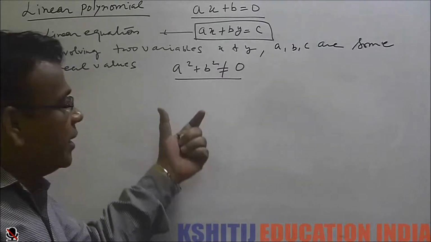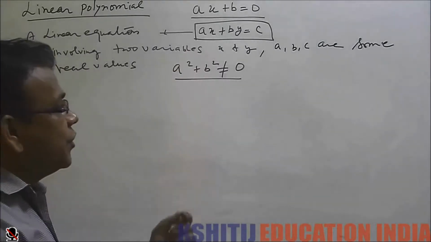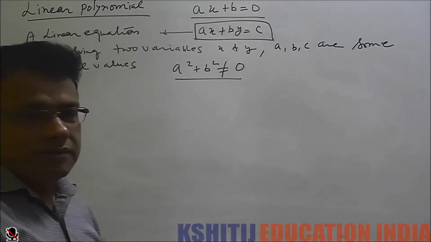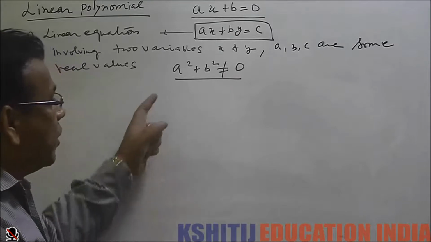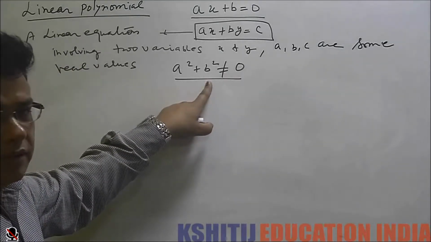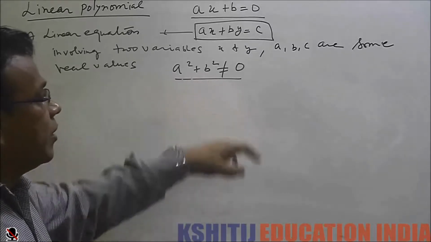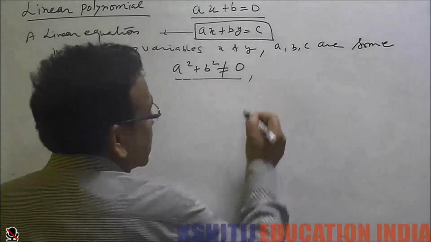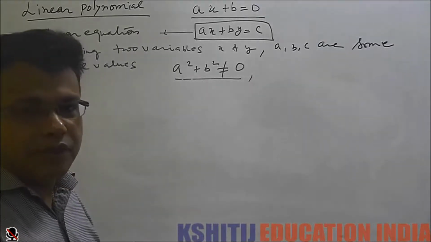So what do we mean by this? That means the square of the coefficient of x and the square of the coefficient of y, their sum should not be equal to 0. Let me explain why we require this condition.